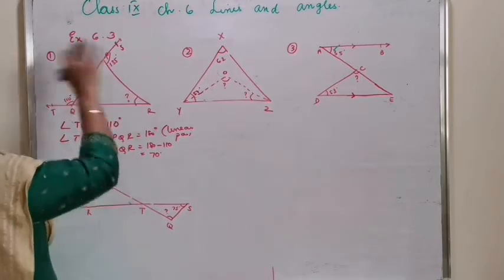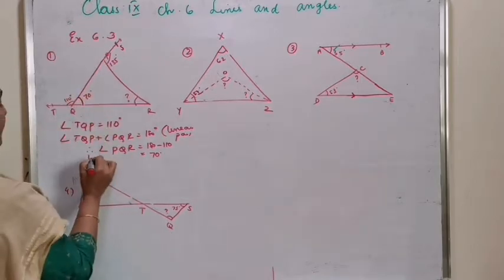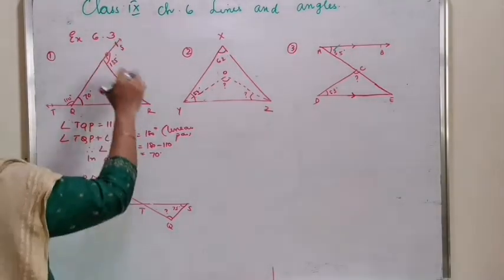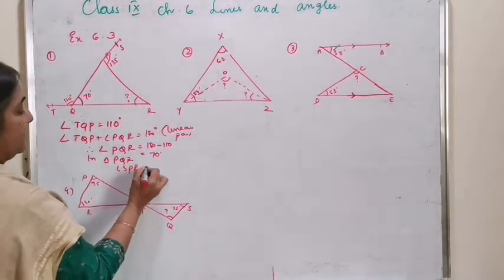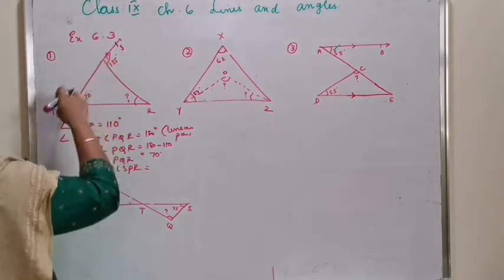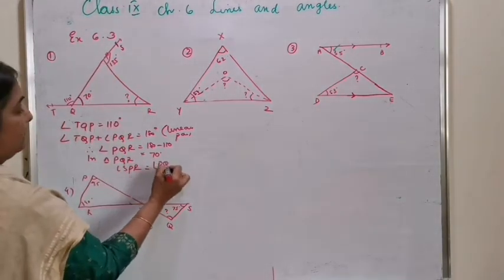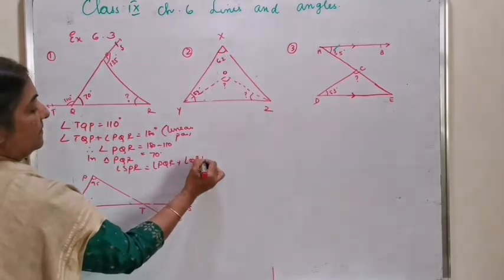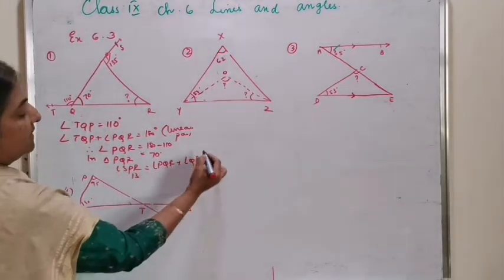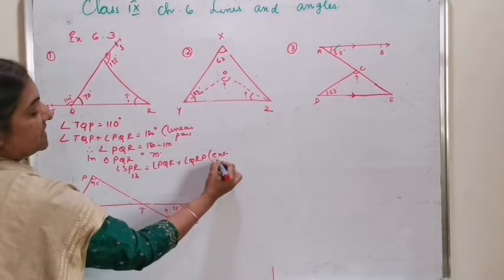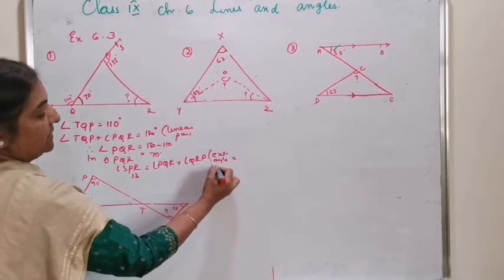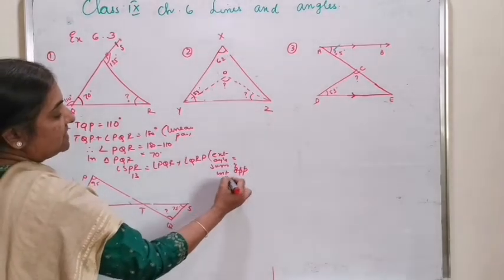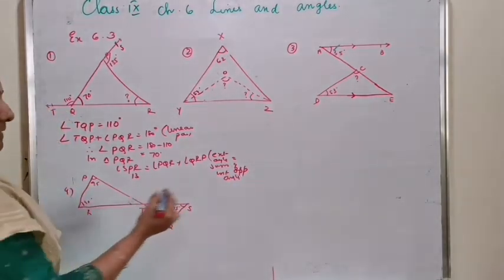Now you can apply exterior angle theorem. In triangle PQR, angle SPR is equal to angle PQR plus angle QRP, that is 135. The reason you have to write is exterior angle is equal to sum of interior opposite angles.